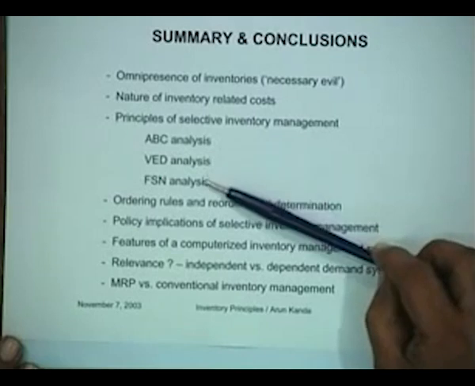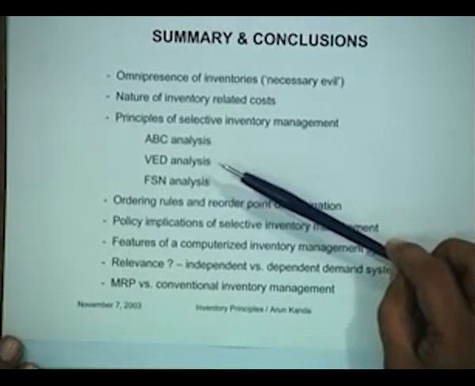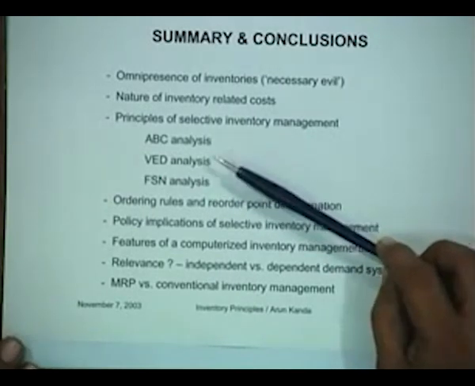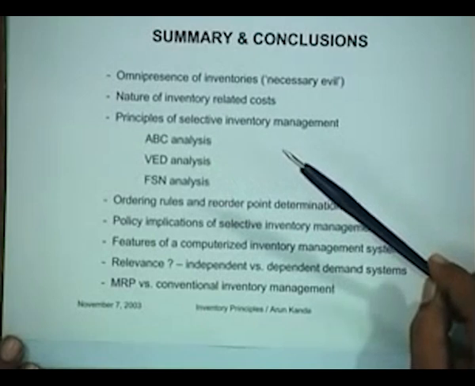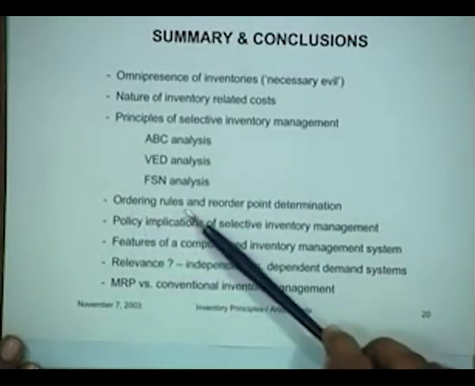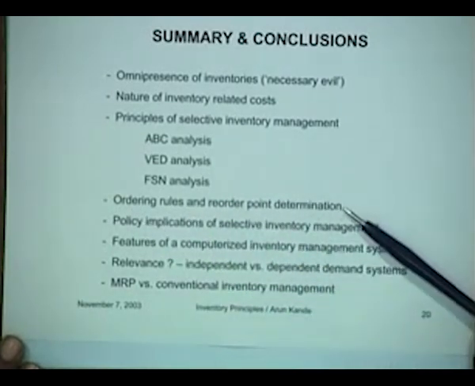Because depending upon this analysis, you have different ways of dealing with those kinds of inventories. Then we talked about various ordering rules and reorder point determination. For instance, we saw that by giving a preferential treatment to certain items rather than a democratic treatment to all items is always preferable, because you tend to lower your costs.